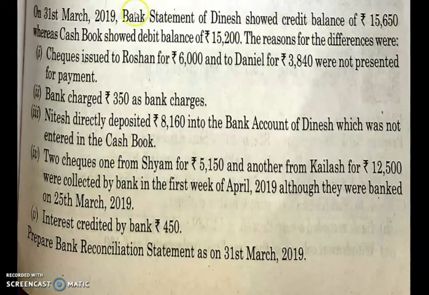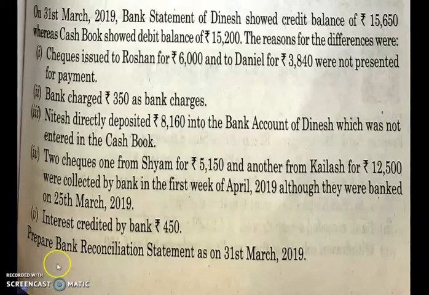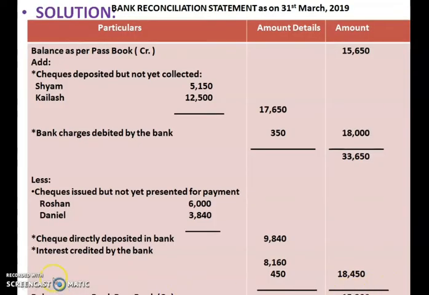See, the bank statement, meaning passbook, showed a credit balance, that means favorable balance, of 15,650. This should be the starting point. So 15,650 is your starting point, and the end point should be 15,200.